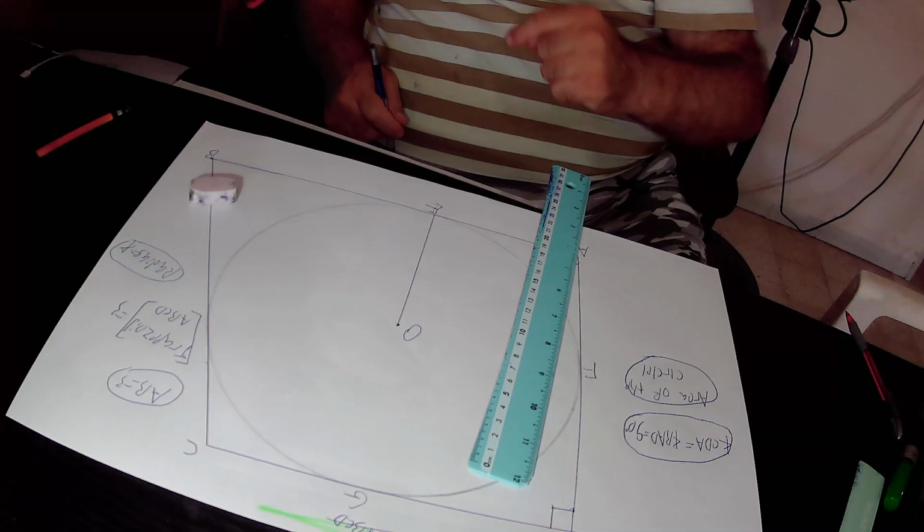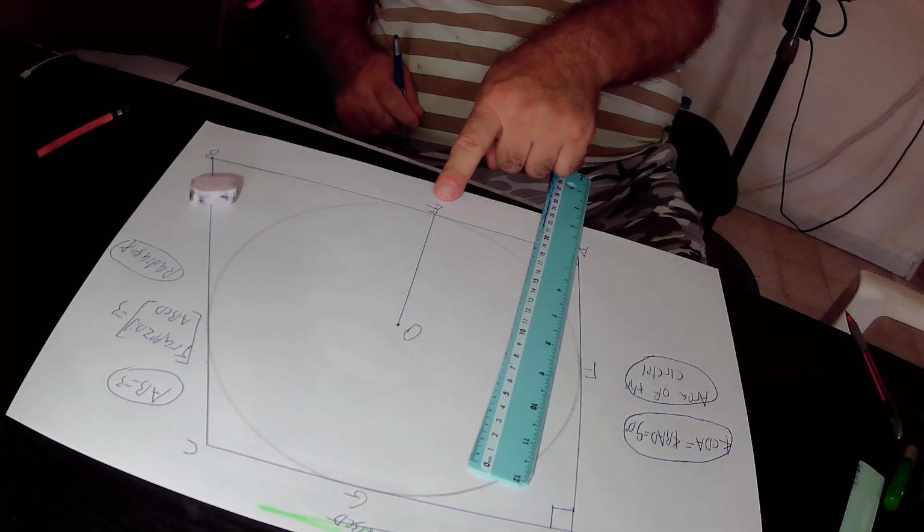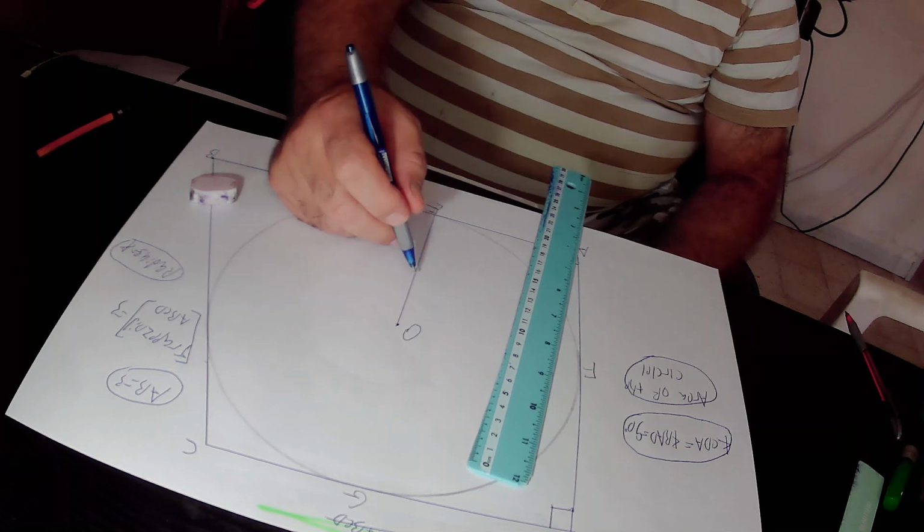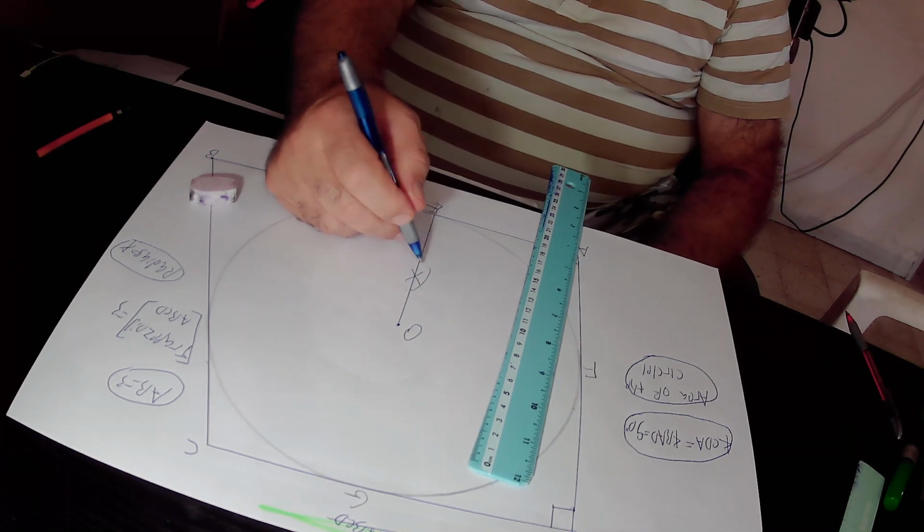Point O is the center of the circle, point E is a point on the circle itself, therefore OE is the radius of this circle. This is equal to x according to our definition.